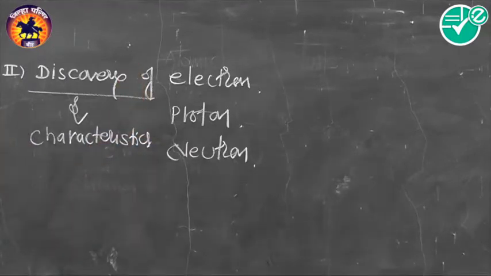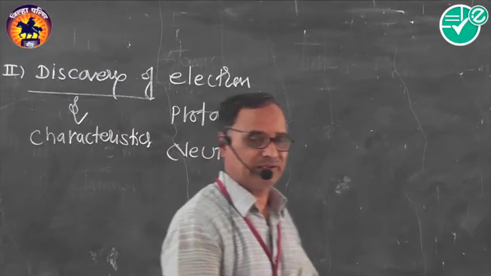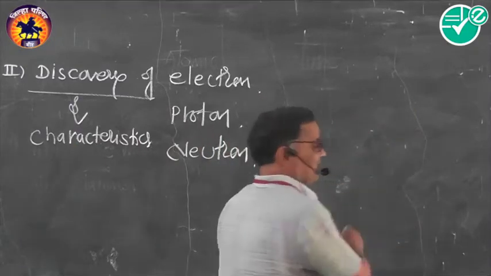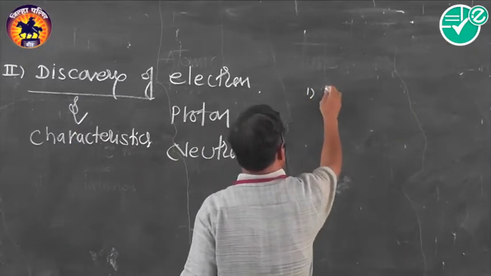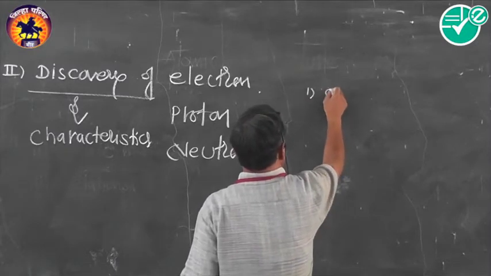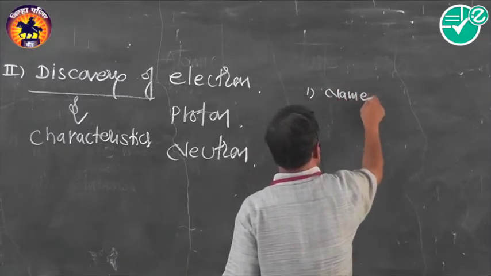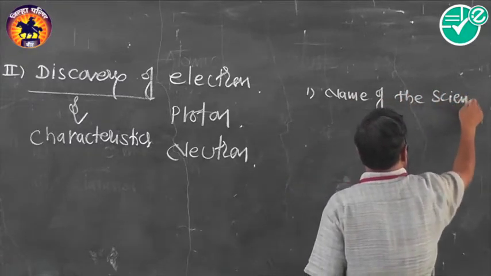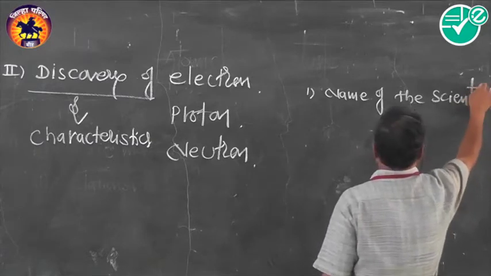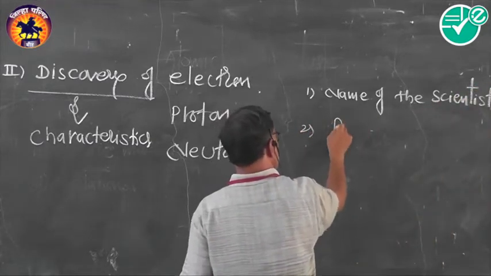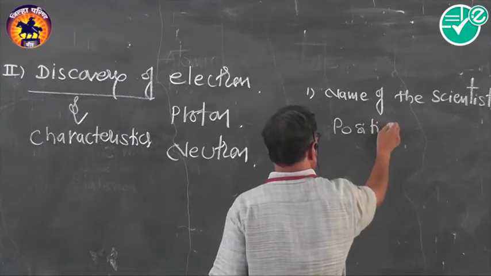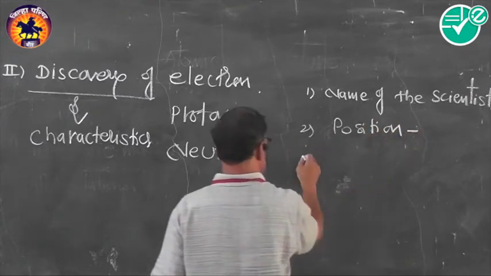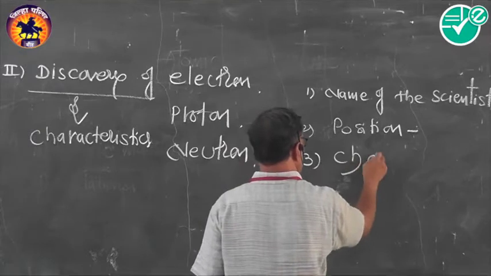The discovery and characteristics of protons, neutrons, and electrons are classified into 5 important types. First, the name of the scientist. Second, position. Third, charge.